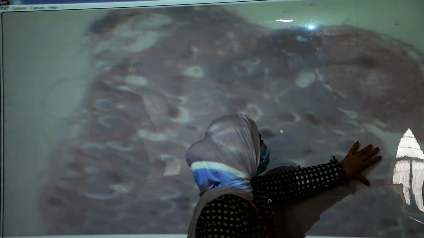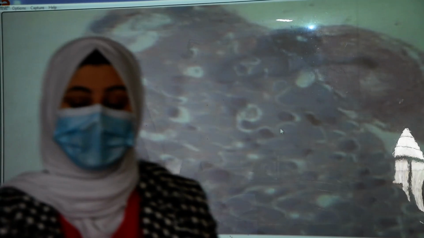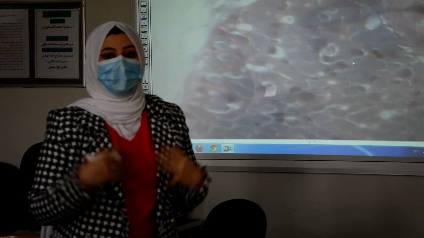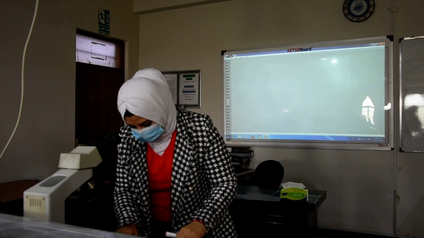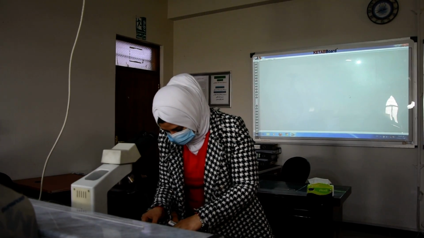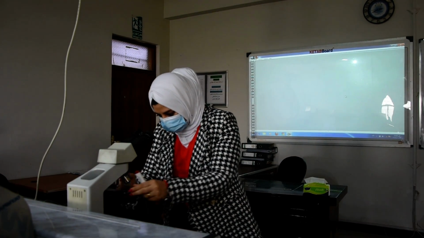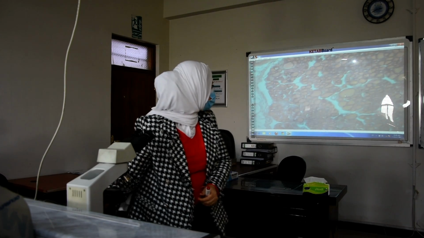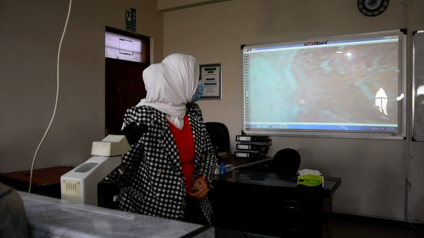Okay? And the main characteristic feature of the parathyroid gland is that in old age we can see an increase of adipose tissue, more than 60%, as we see in the coming slide. In this slide, we can also see the thyroid and parathyroid.